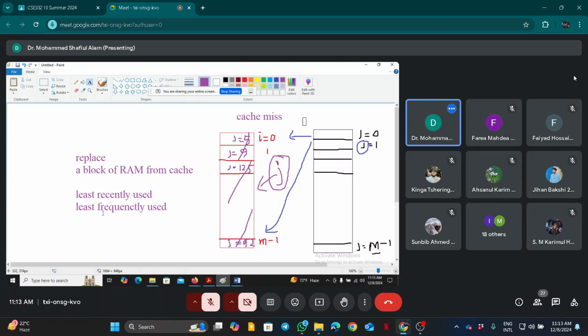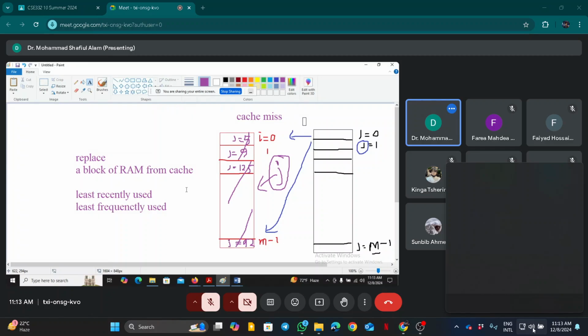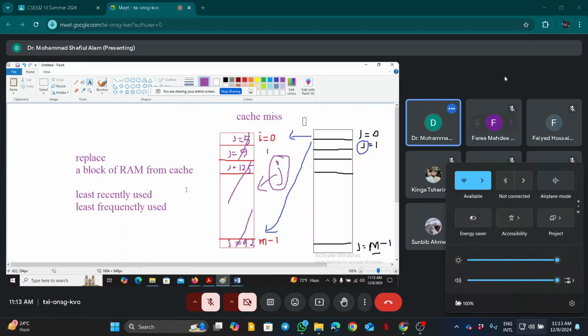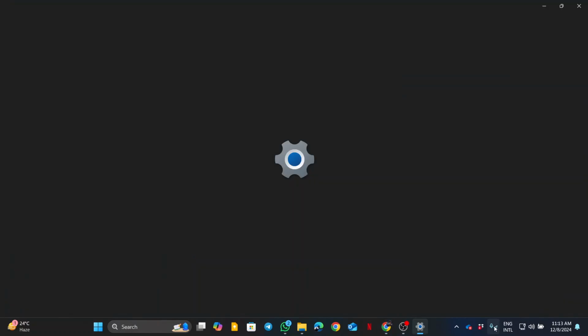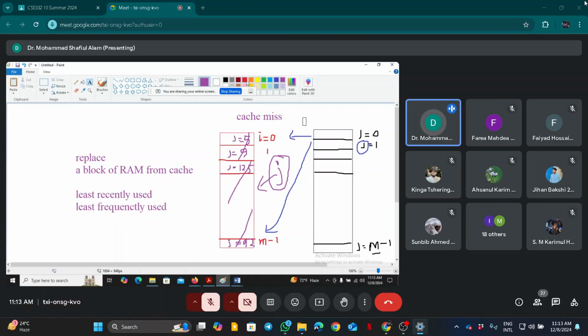Frequently means the number of times any block is accessed by the CPU to read data or instruction. So these are the two algorithms, mainly following the principle of locality of reference. Okay.